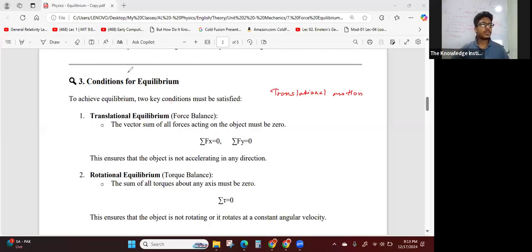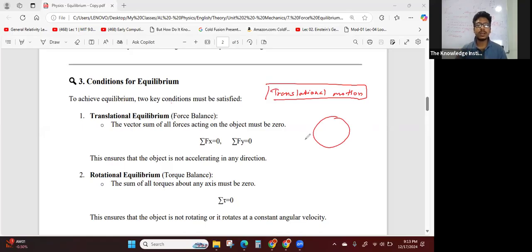Okay, the translational motion you can define like this. If there is a displacement of the position of the center of mass of an object, very good. So the translational motion is there will be a change in displacement of the center of mass of the object. Then we call it translational motion. But if you consider the rotational motion, if the object is rotating, its center of mass doesn't change.